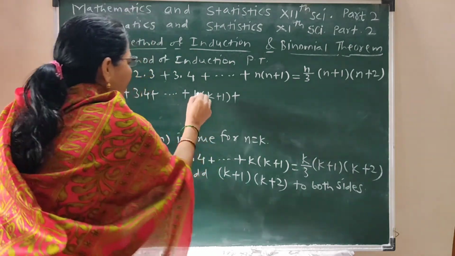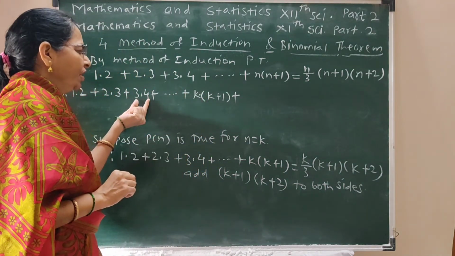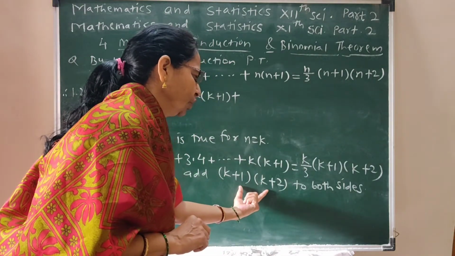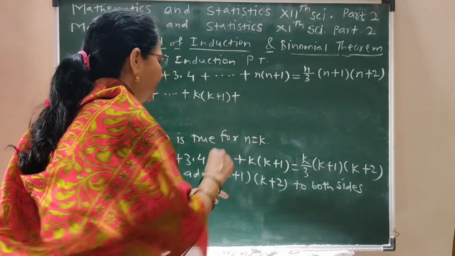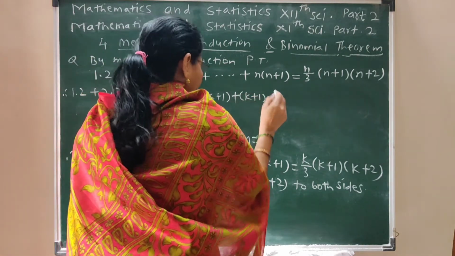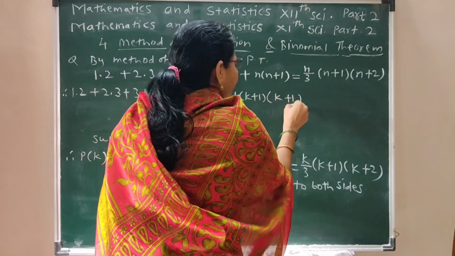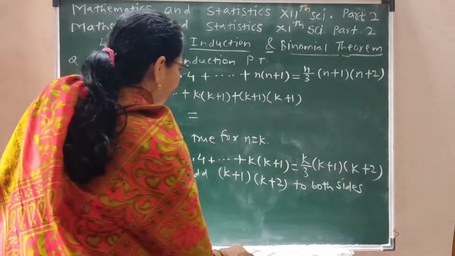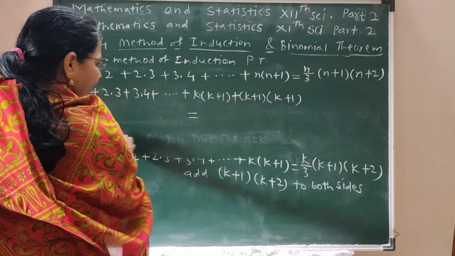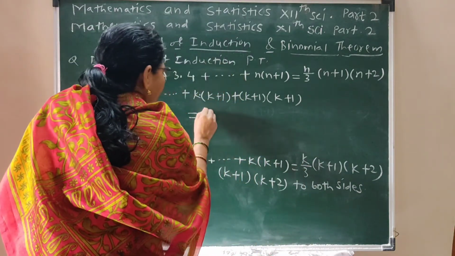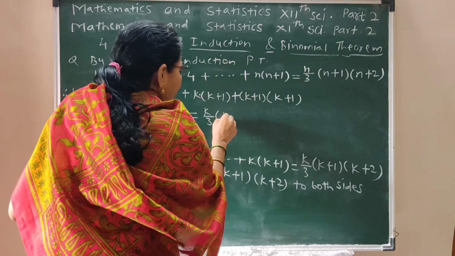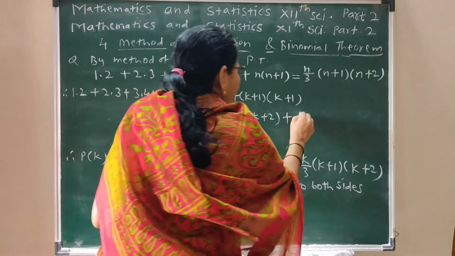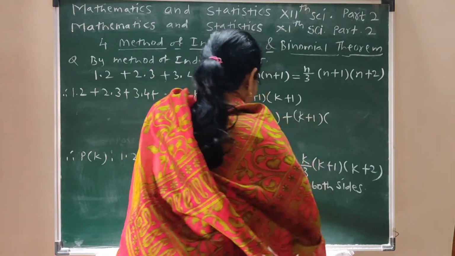That means in between these terms there is product. We add it at LHS, therefore addition at RHS: k by 3, k plus 1, k plus 2, add k plus 1, k plus 2.